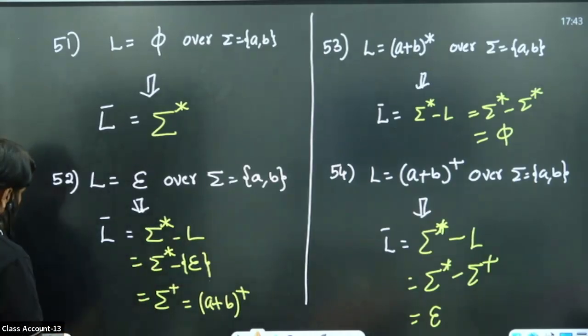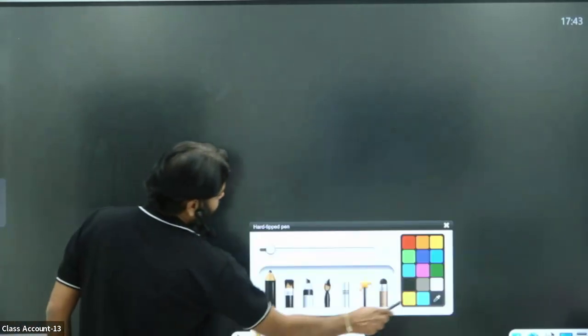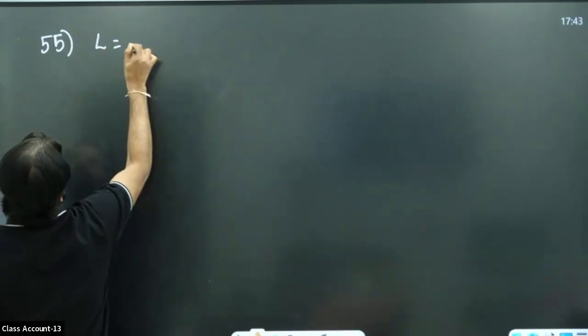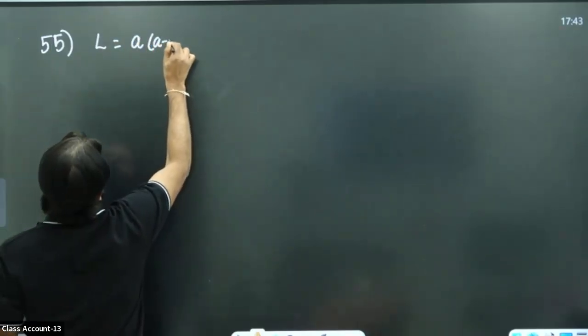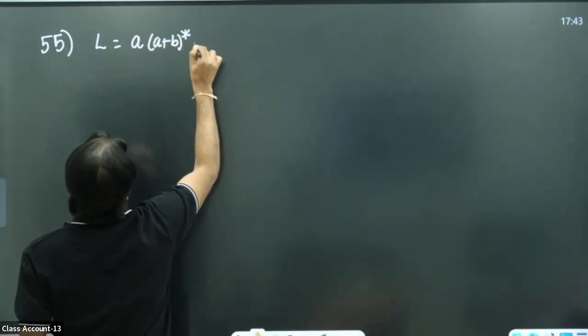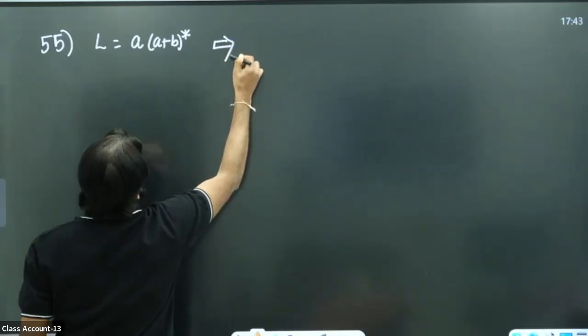So we can practice a little bit more now. Question 55. Keep answering what the complement is. This is sigma star, and assume sigma is A comma B only.